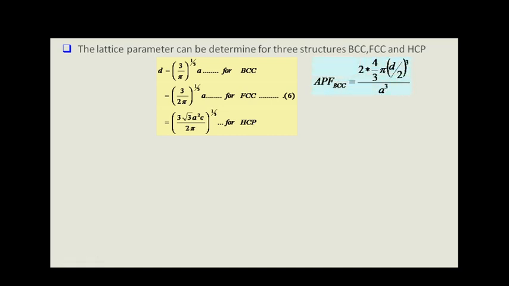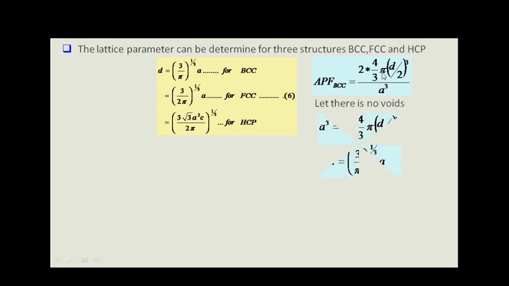Atomic packing fraction, let us say I have chosen BCC, then the equation is the number of atoms multiplied by the atomic volume divided by the unit cell volume. Let us say it's 100% packed, so I am mentioning that there are no voids. Ideally it's not true, but if there is no void, then you can equate your unit cell volume to the volume of your available number of atoms.